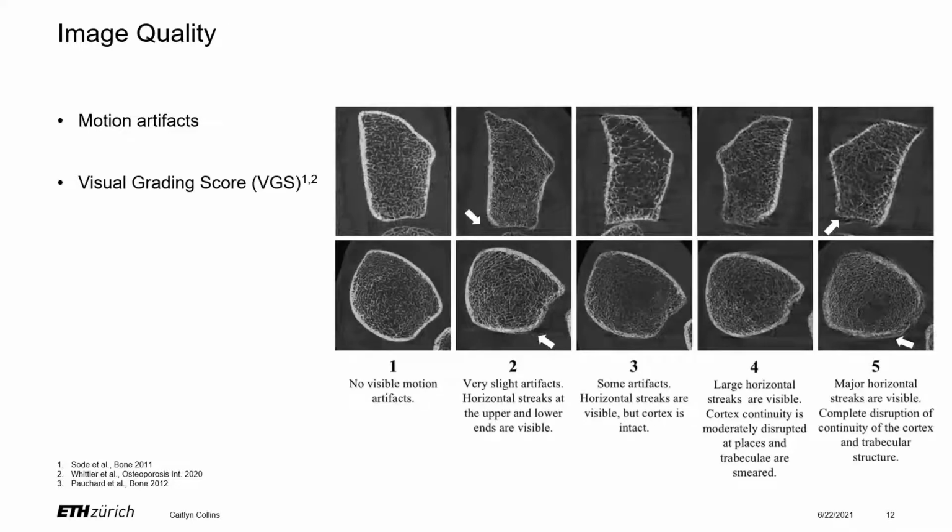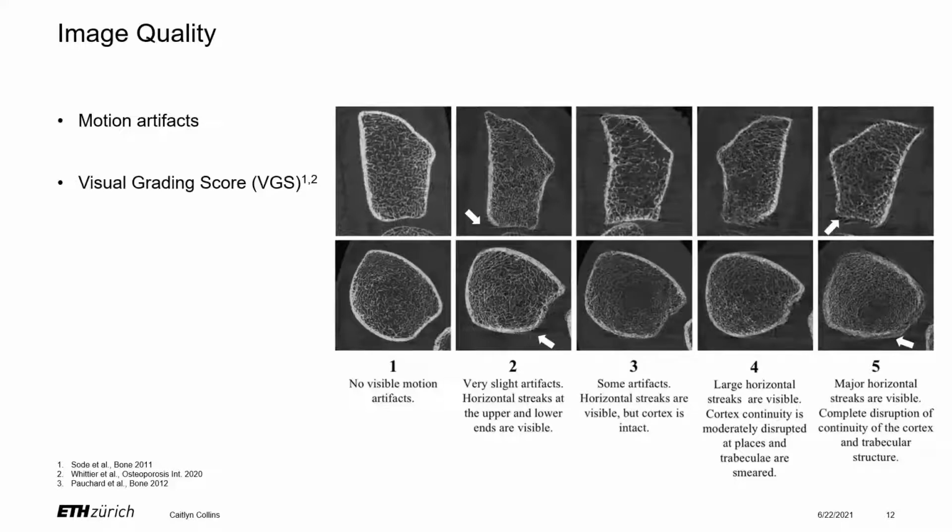As a result, we've introduced a visual grading score that tries to assess the quality of images in a less subjective fashion. Images of VGS 1 are considered to be the highest quality, with no visible motion artifacts, whereas slight streaking will be observed in VGS 2 images. However, these are still considered fairly high quality.